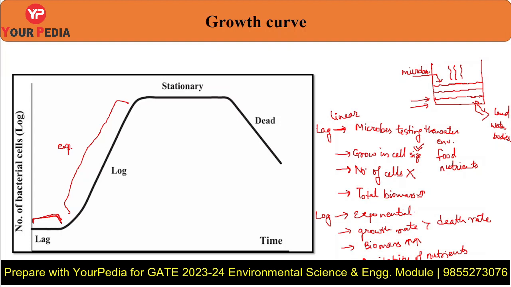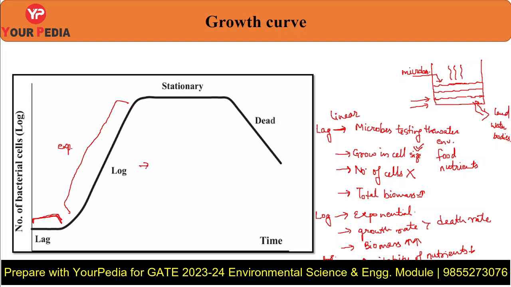So these two are the limiting factors in this phase. So as long as the nutrients are available for the growth of microbes in the log phase, the microbes will stay in this phase.